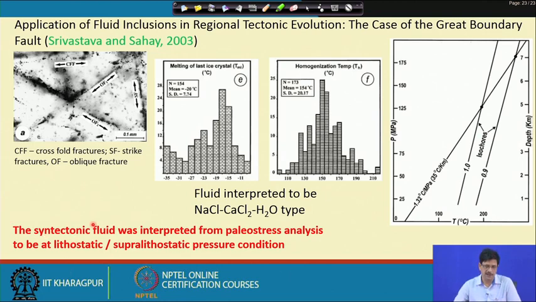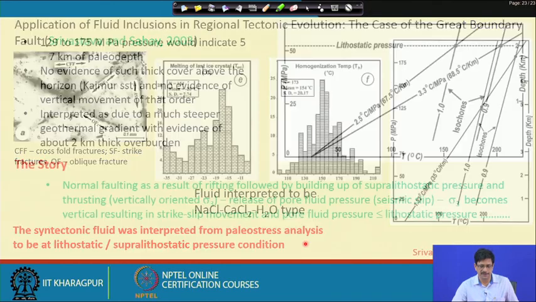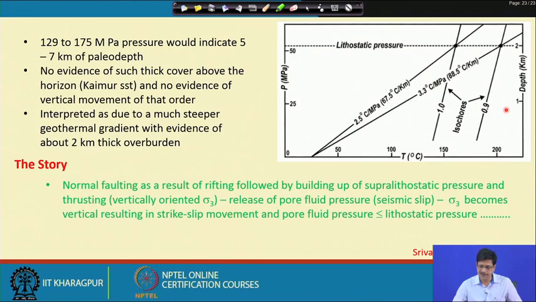During the initial phase of thrusting, the fluid built up supralithostatic pressure, and then with the rupturing and the strike slip movement, the fluid pressure dropped, and that gives us the conditions of the fluid pressure, which would translate to around 5 to 7 kilometer of paleo depth.